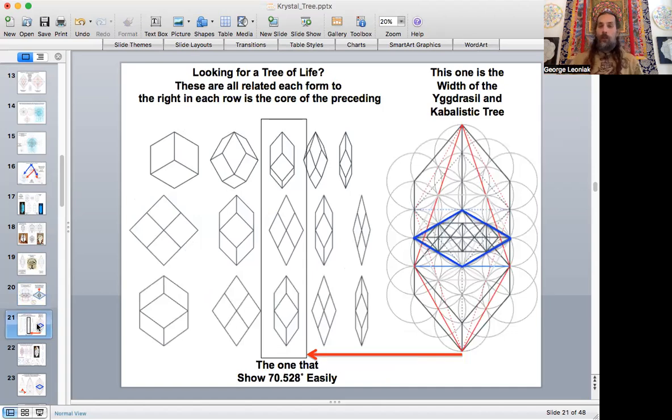All right, so if you're looking for a tree of life, we have a lot of possibilities and a few different views to look at here.